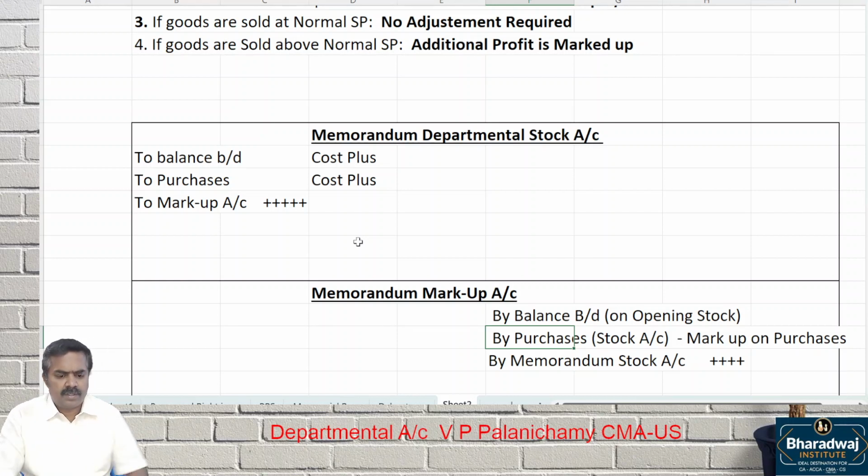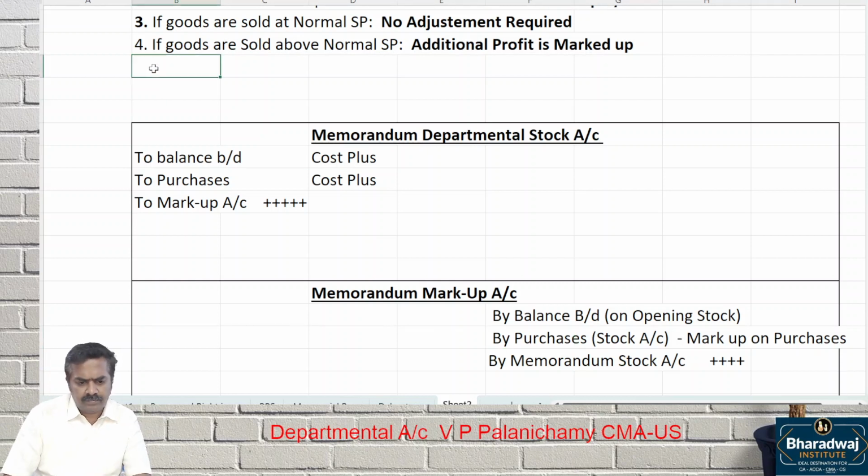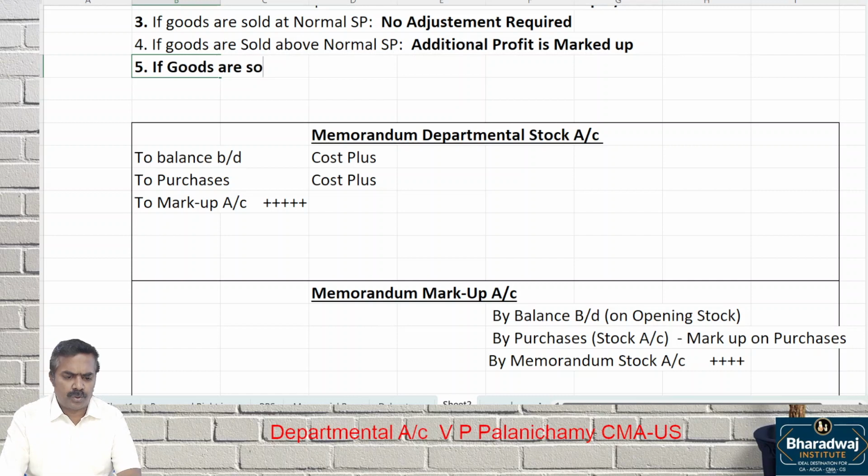Done. Then number 5, if goods are sold below the normal selling price, the difference, that is normal selling price minus actual selling price, is called markdown.